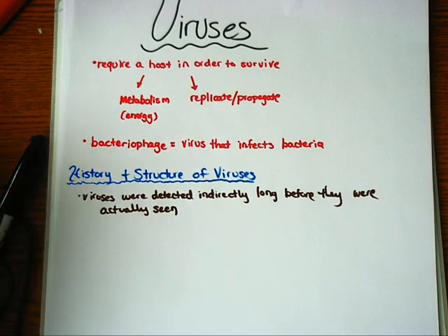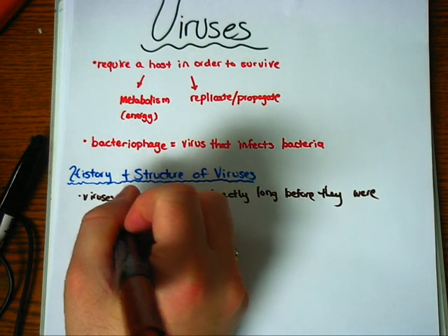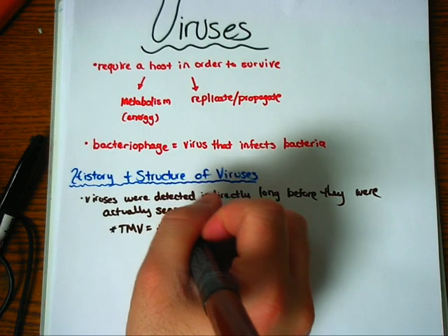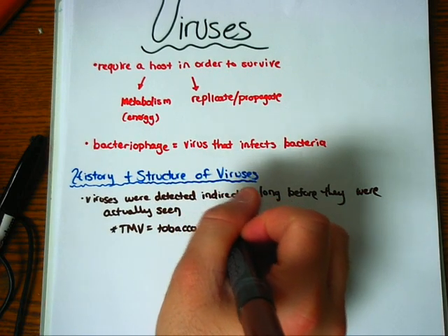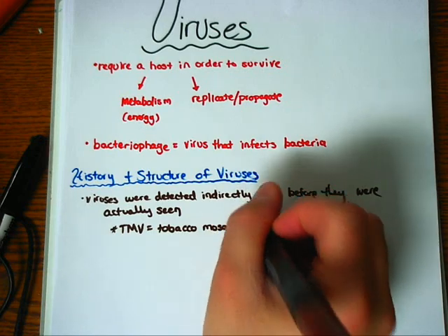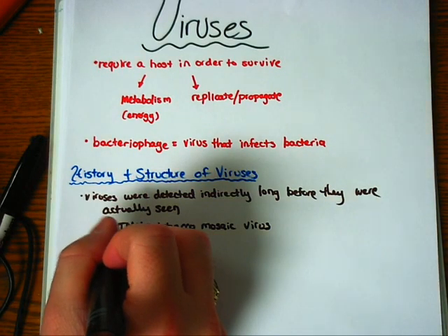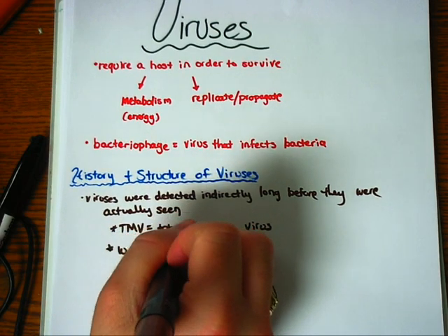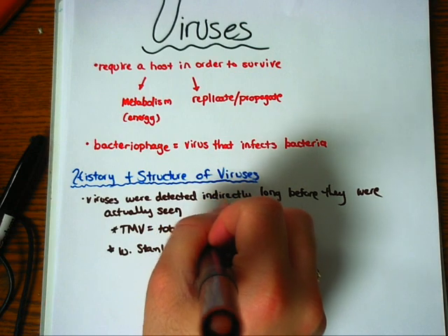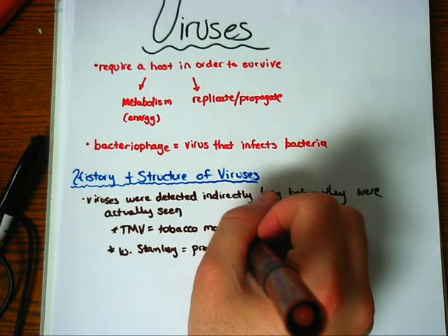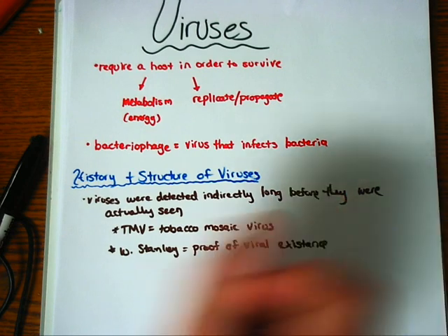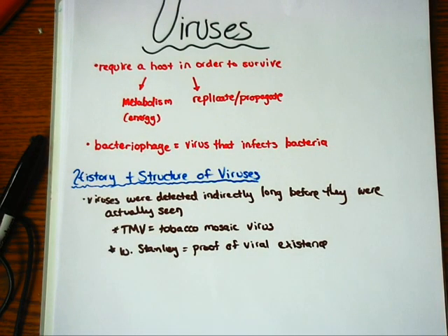It talks about TMV, which is tobacco mosaic virus. And it also talks about some experiments by Wendell Stanley, which gave proof of viral existence. But again, a little difficult to do because viruses don't live on their own.